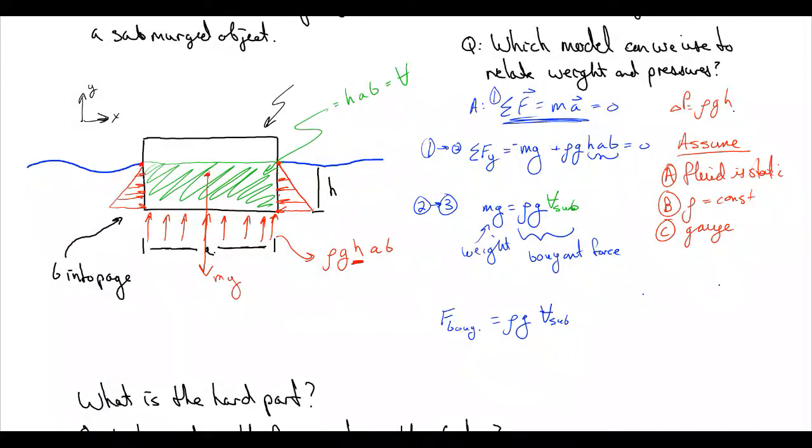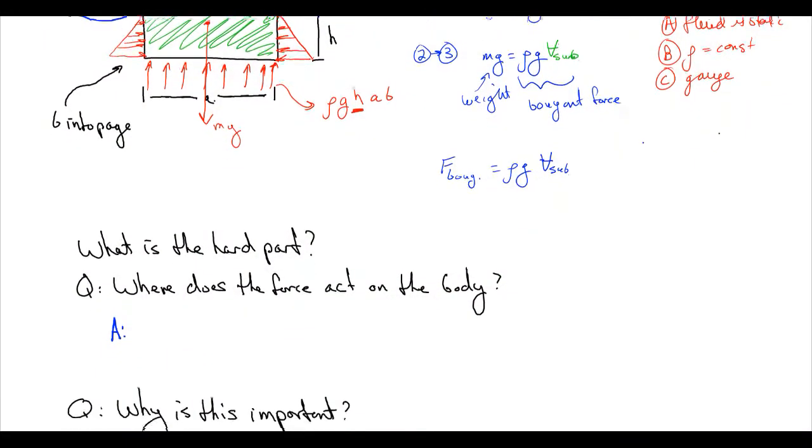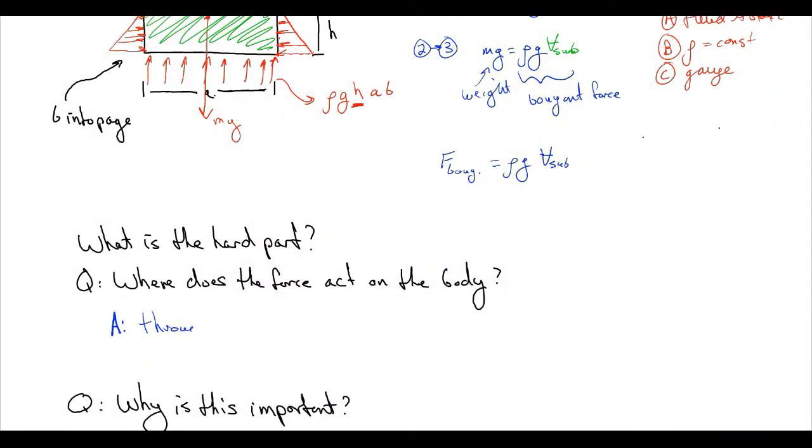So that seems really easy, right? Calculate the submerged part, done. Well, the hard part is finding out where the force acts on the body. Okay? And I'll just tell it to you now. The buoyant force acts on the body through the centroid of the submerged volume.